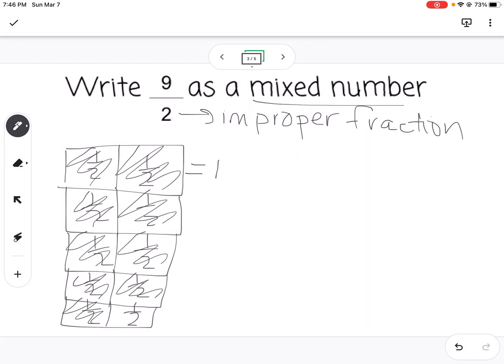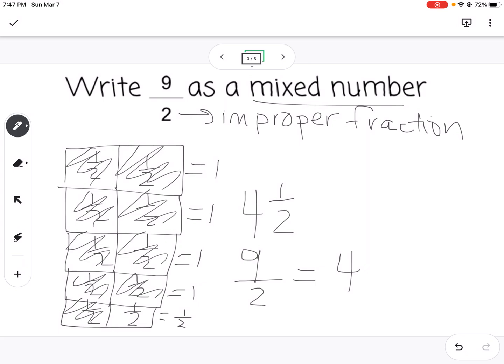So I have one whole, another whole, another whole, another whole, and here I have a half. So if I add up all of this, I have 1 plus 1 plus 1 plus 1. That's 4 wholes, and then I have 1/2.